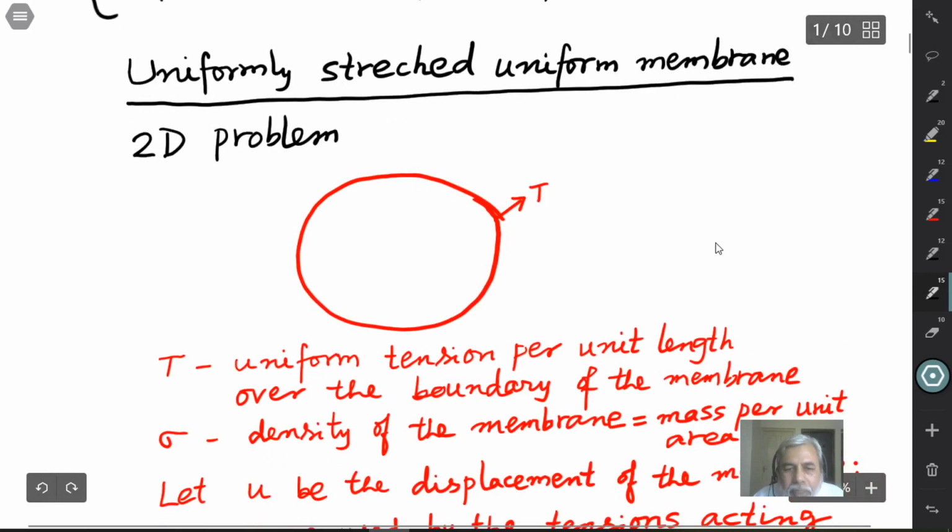So the physical situation is that a uniform tension T, where T denotes uniform tension per unit length over the boundary of the membrane, and sigma is the density of the membrane.